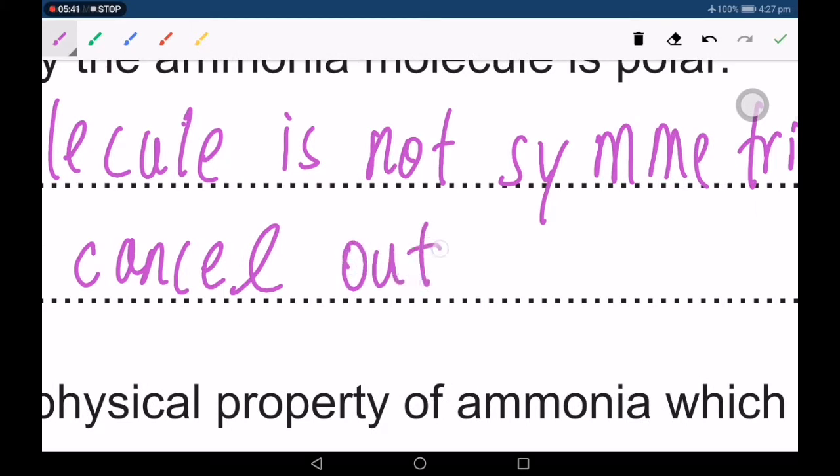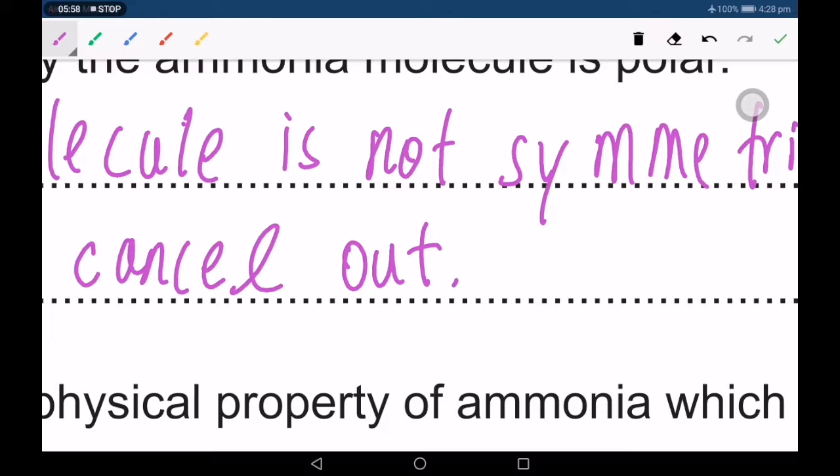You may say that, okay, if they were symmetrical, where would they cancel off? Yes, they would cancel off, and that is why CH4 is not polar.